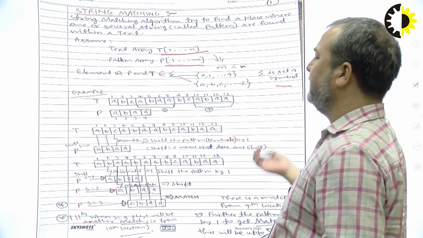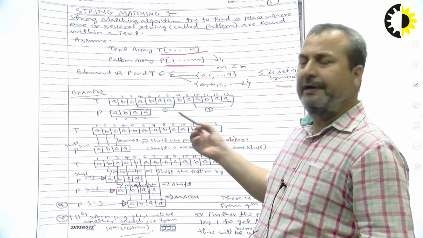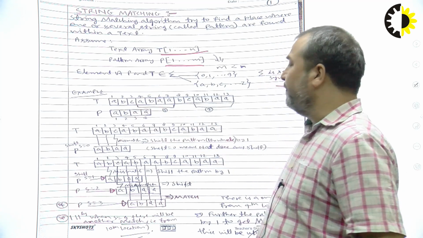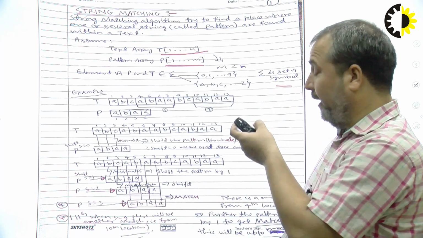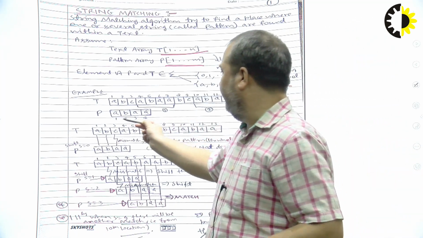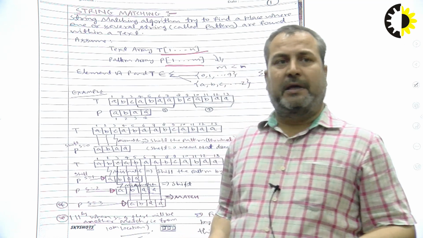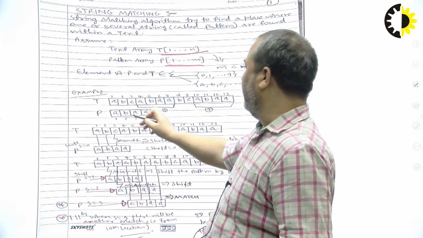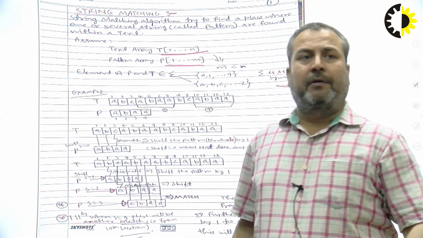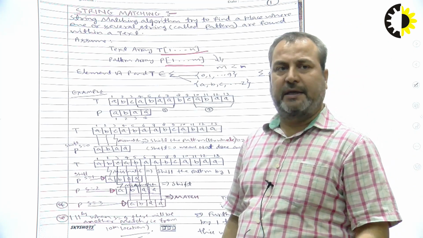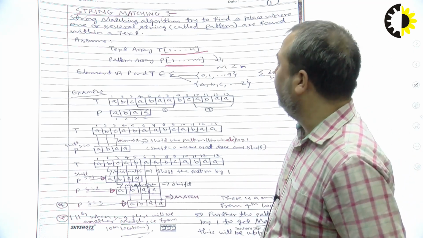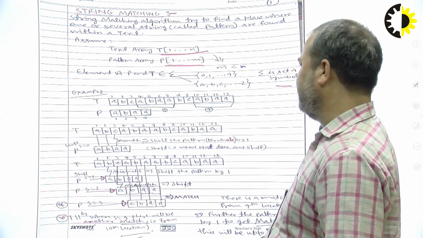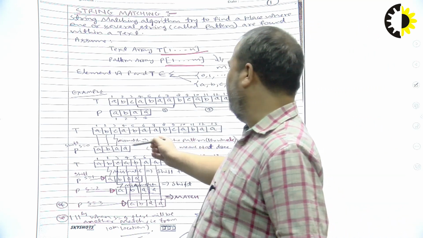We start comparing the first character of the pattern with the first character of the text. If it holds true for all characters of the pattern, that is, the whole pattern is found together in the given string, then we can say that the pattern is matched in the text.